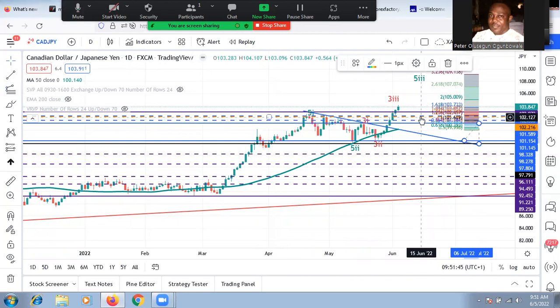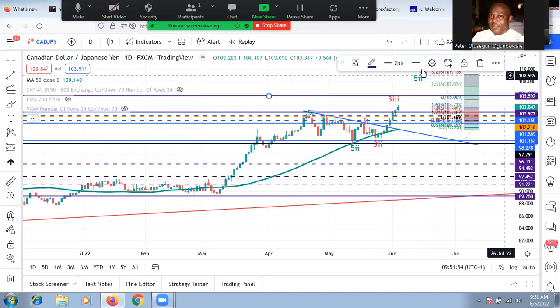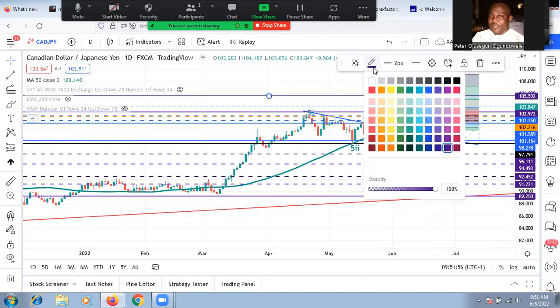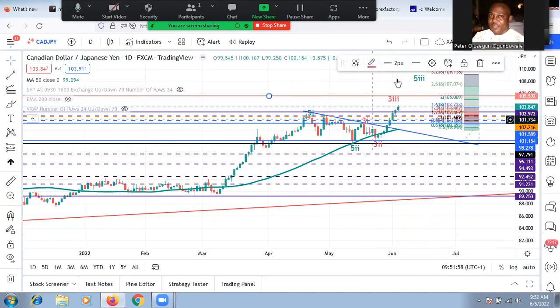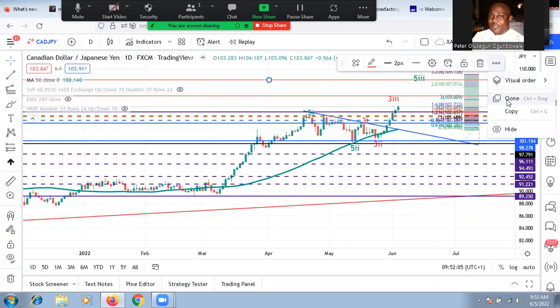So we may have this one stored at these levels. That's the first level. I will mark them for you later.